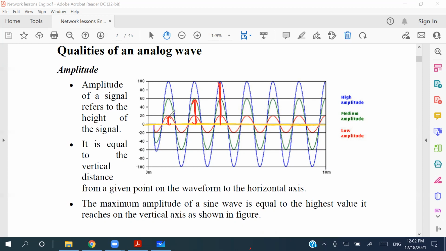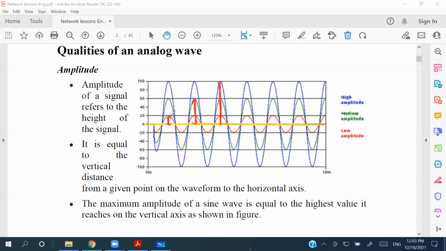So a wave with a smaller height is called a low amplitude one, and a wave with a higher height is called a high amplitude one. In between, we can say a medium amplitude one, and it's comparative, right? When you have three waves, you can categorize them into low, medium, and high amplitude ones.